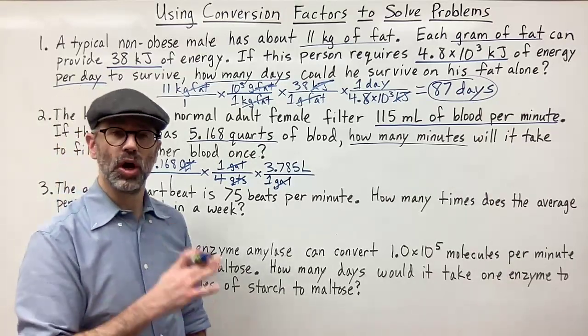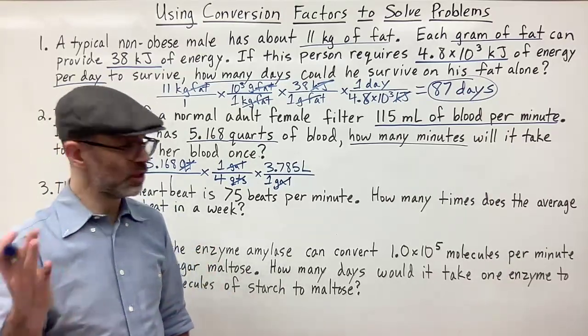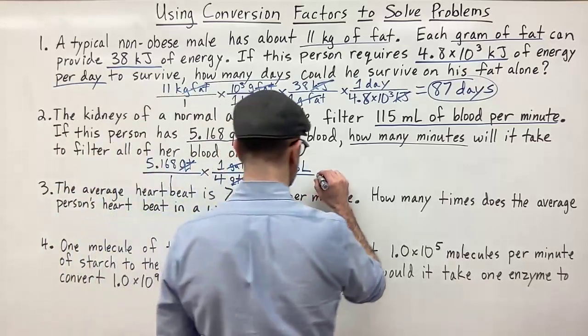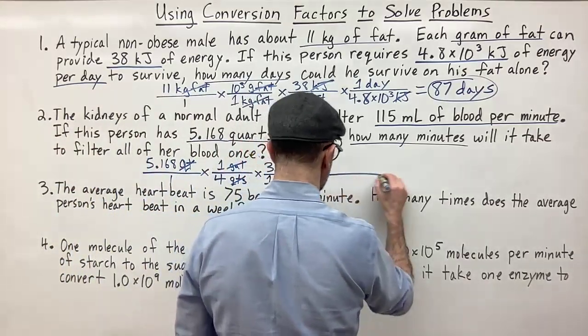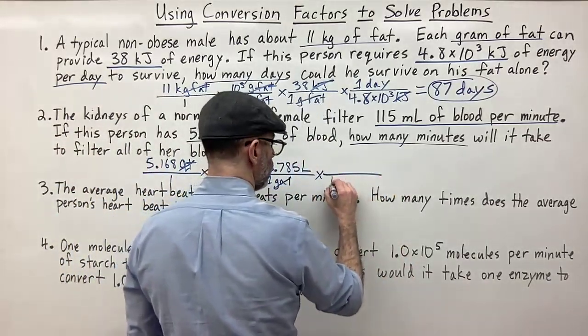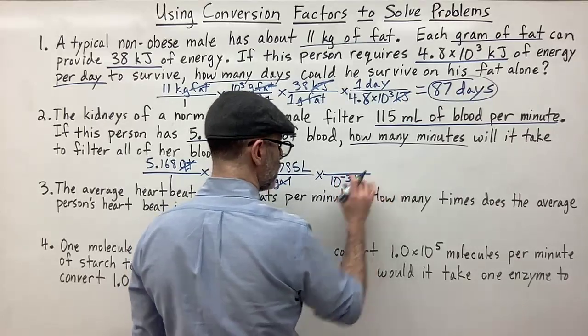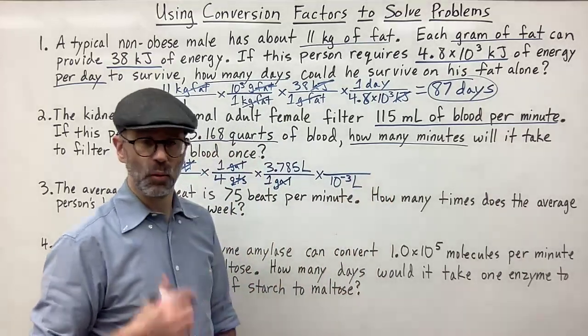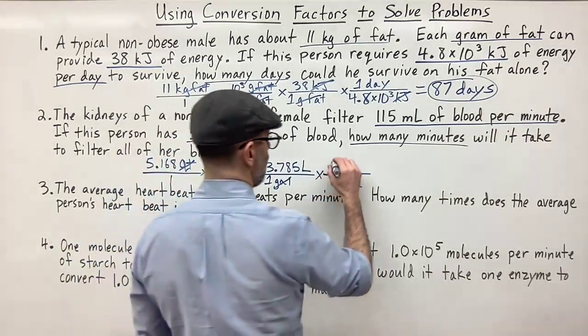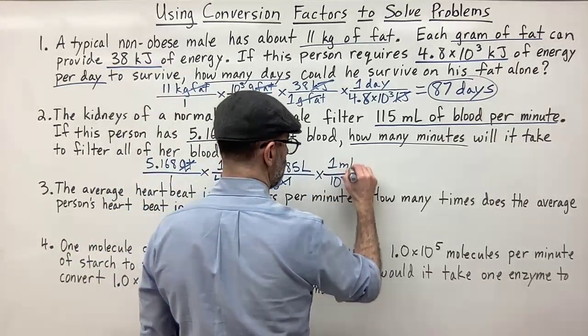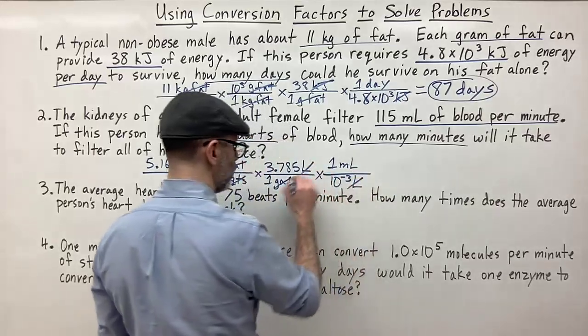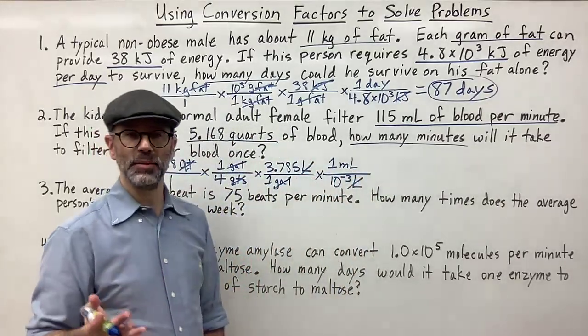Or I could say 1 liter is equal to 1,000 milliliters. Either way works. So I'm going to put 10 to the negative 3 liters on the bottom because that's a 1/1000th of a liter, and 1 milliliter on top. So liters cancel out. Now I have milliliters.